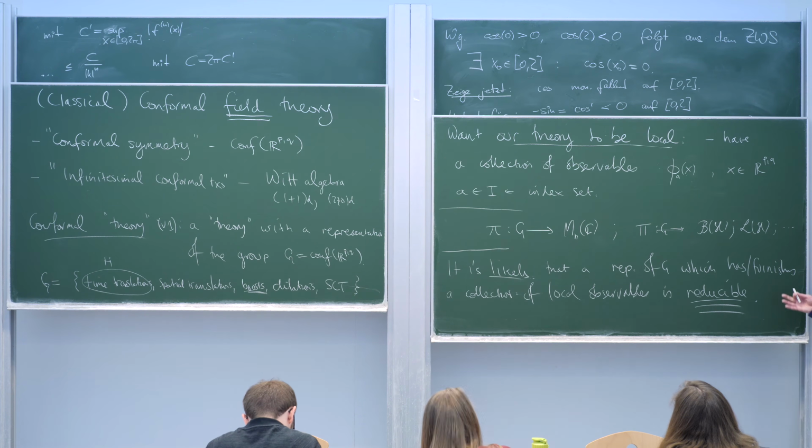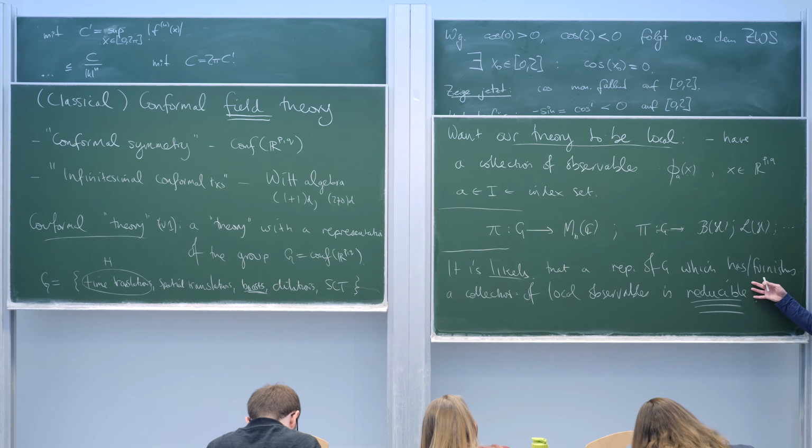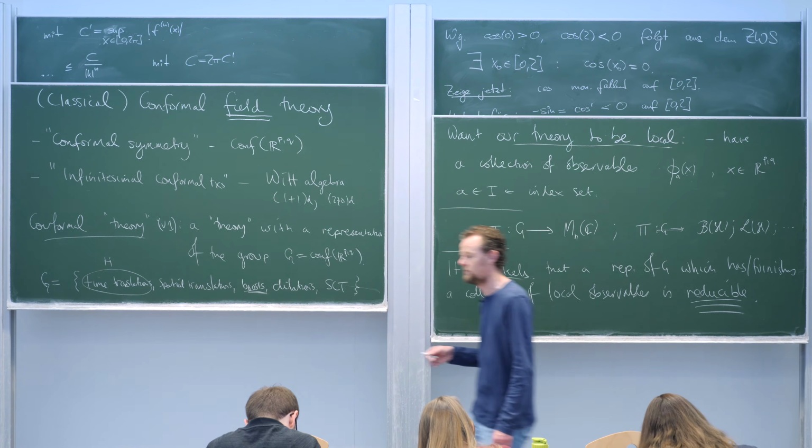So it's going to be a direct sum of irreducible representations, and possibly a very complicated direct sum indeed.